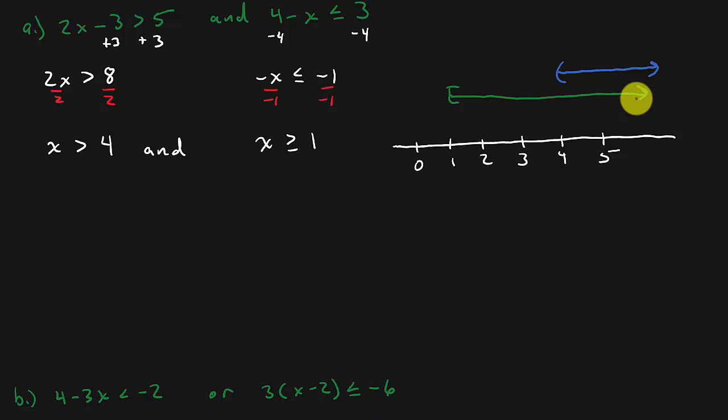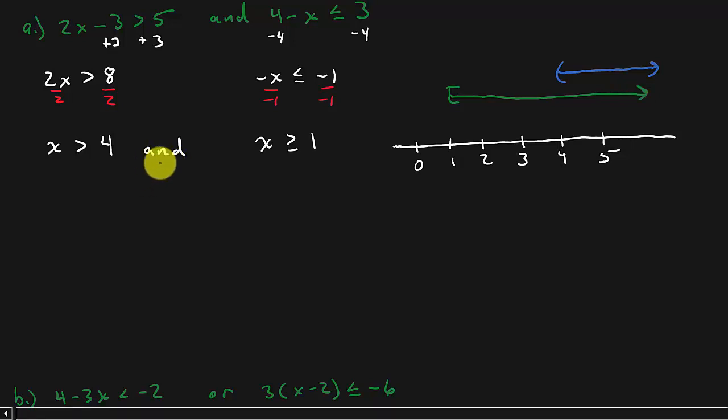So my final solution, well, it's separated by and. Okay, separated by and. So that is where the two graphs intersect each other, or that's where they overlap. Well, you can see they overlap right here. So that's from 4 to infinity. Now, notice on this blue line up here, the 4 is not included.